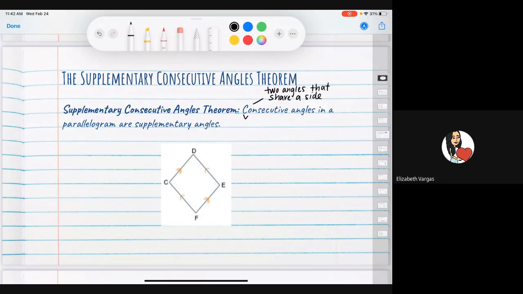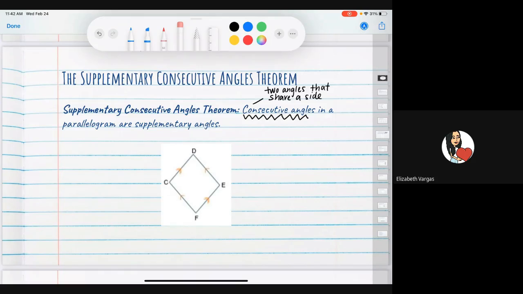Okay, so what do I mean by this? Well, I basically mean, let's say we have this side right here. The two angles that share those sides are C and D. Okay, same thing if I were to say, which angles share this side right here? Well, the answer would be F and E, and so on and so forth. So those are consecutive angles.